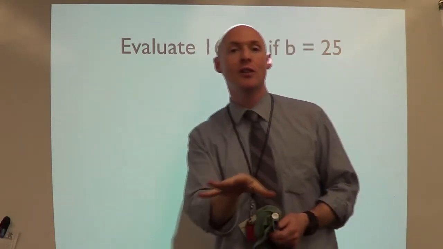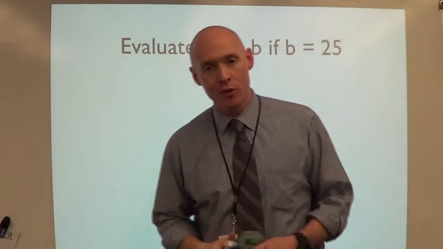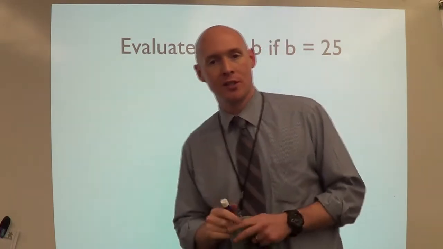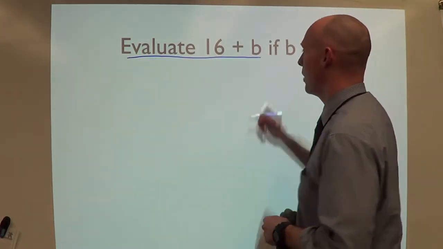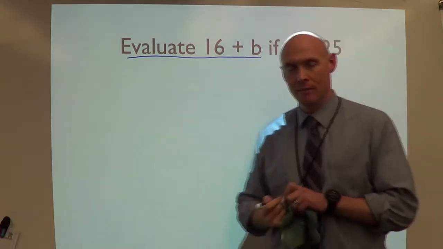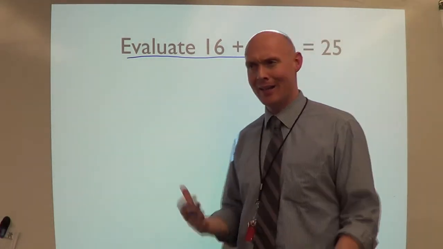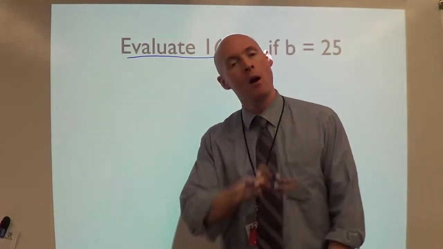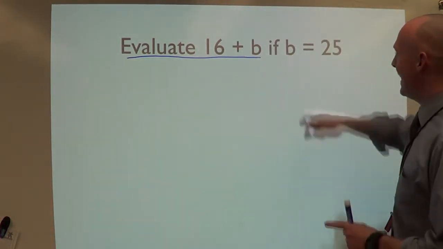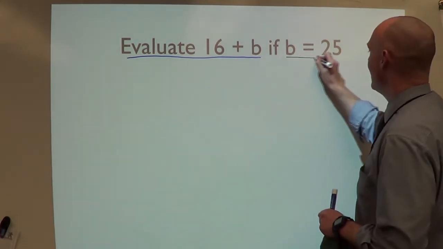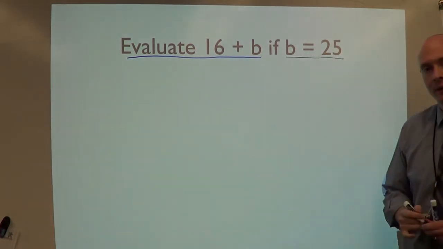And that's usually a good thing. But with variables you've got to look for what other information is given. So we know what we have to do is evaluate 16 plus b. But how do I add 16 and b? Well, look at what other information is given. In this case, it says b equals 25.